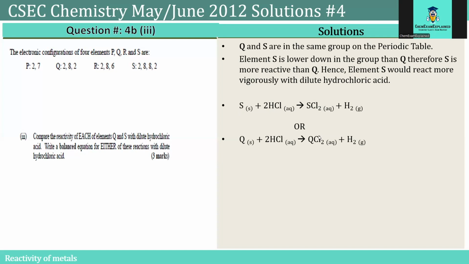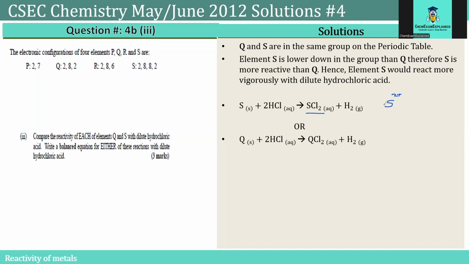The only difference is the vigorousness of the reaction would be greater in S than in Q, since S is more reactive. Notice you must put in your state symbols and the equation must be balanced. Let me note one thing here. It is very important that you write the correct formula for the salt. So since we know that S has 2 electrons on its valence shell, it will carry a 2+ charge.